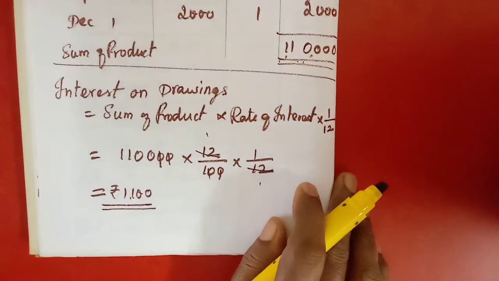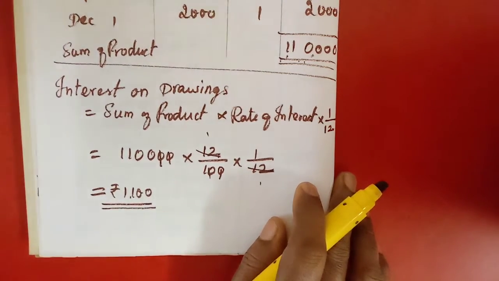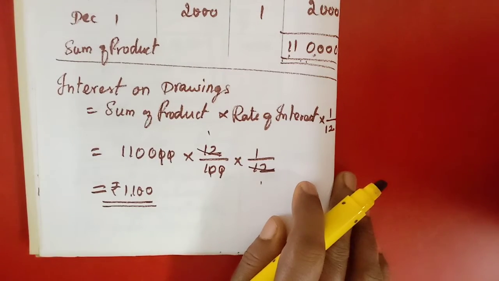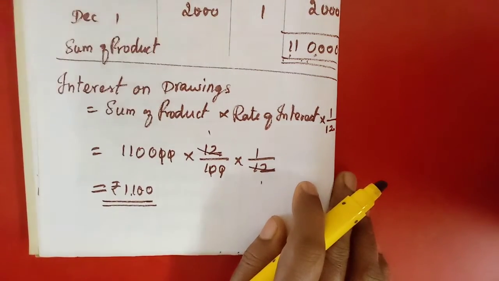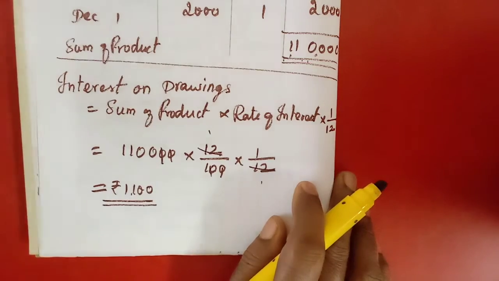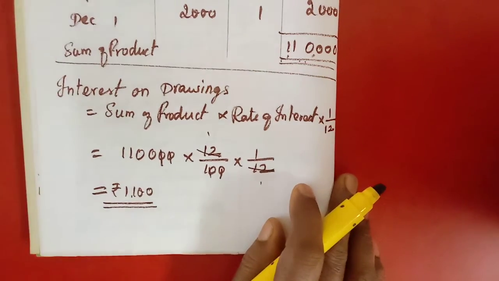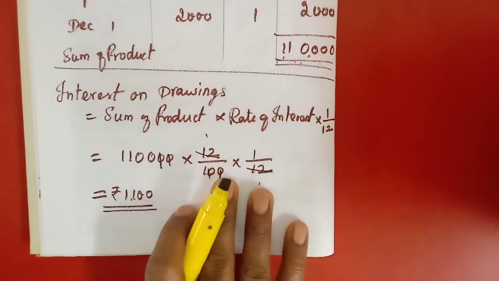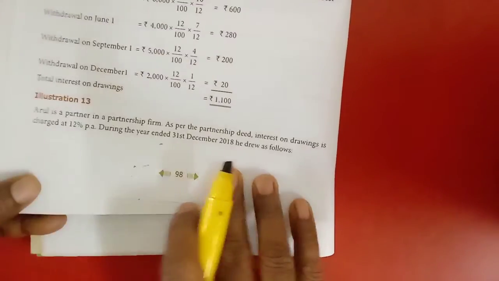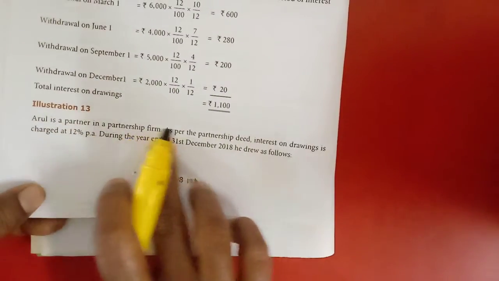Shall I do one problem, the 13th illustration, by this method, to make you understand a little more clearly? Arul is a partner in a partnership firm.